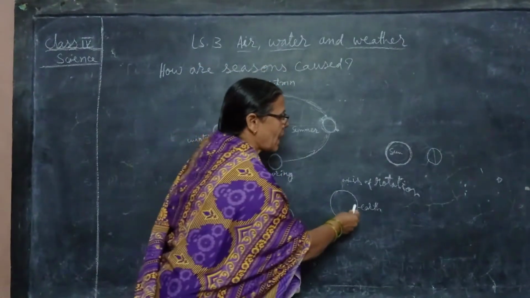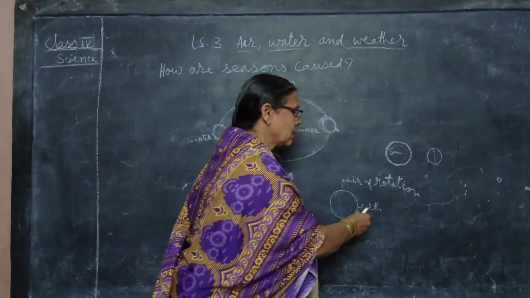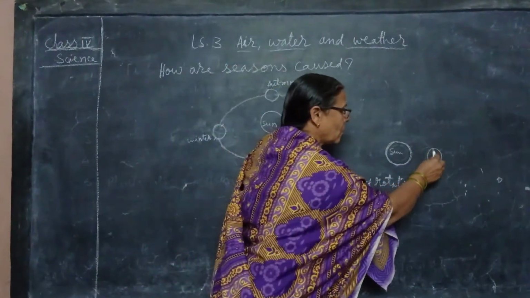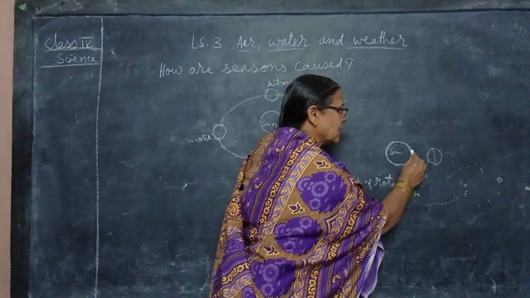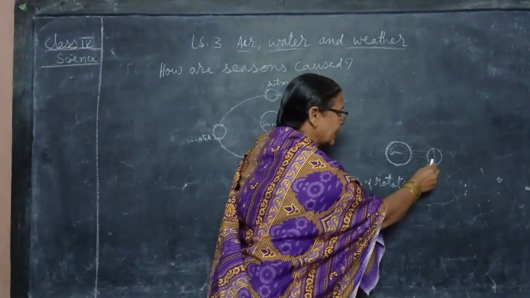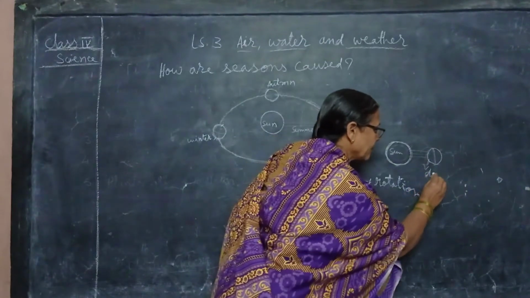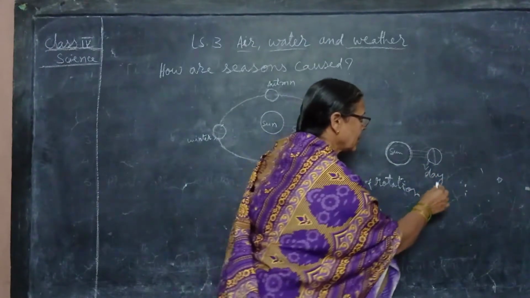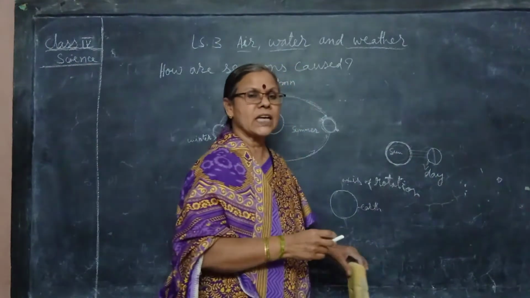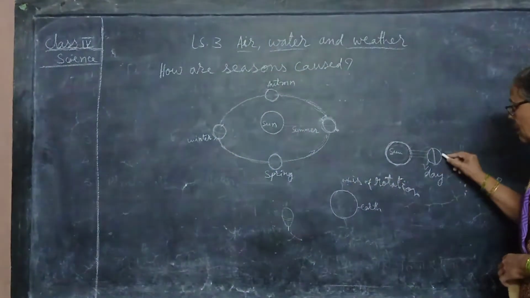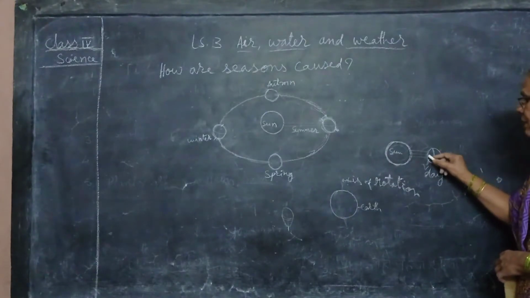So whichever part comes in front of the sun and the sun rays are falling on this part is called daytime, and whichever part is away from the sun, this is the back side and this is the front side.